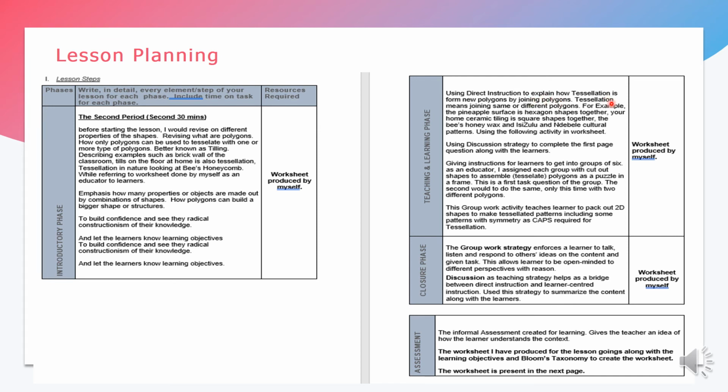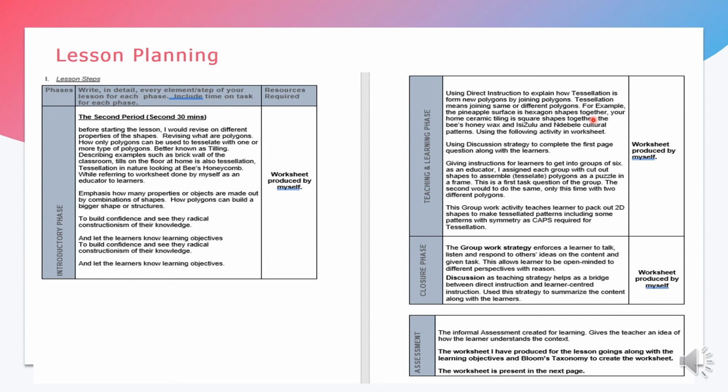I explain how tessellation is a form of new polygons by joining multiple polygons together, and tessellation means joining the same or different polygons. For example, the pineapple surface is hexagon shapes together.